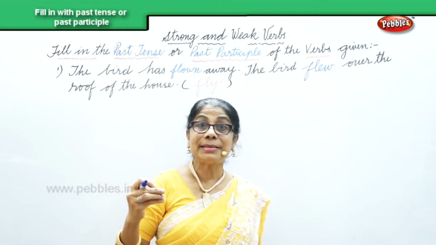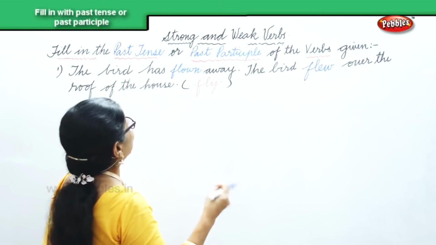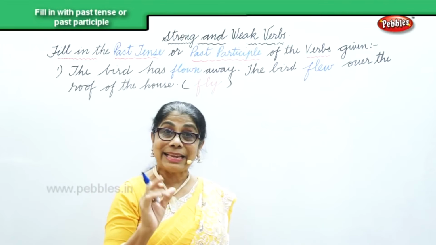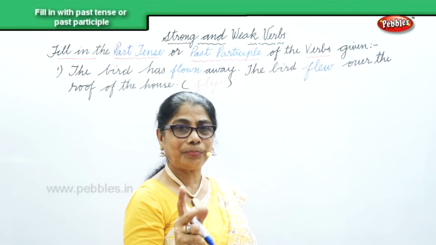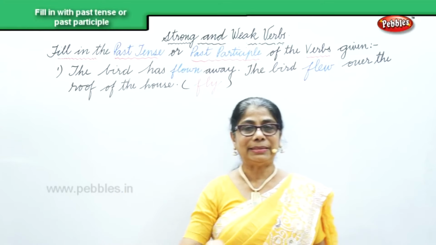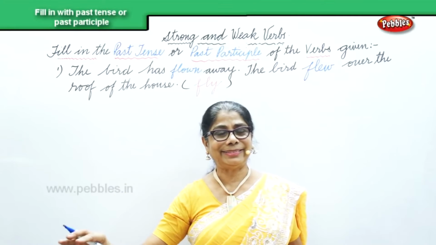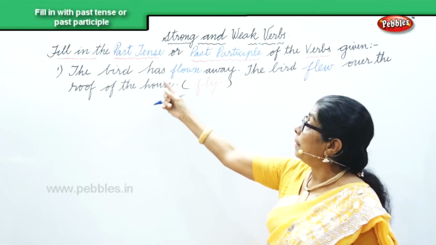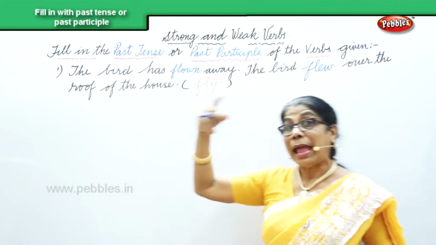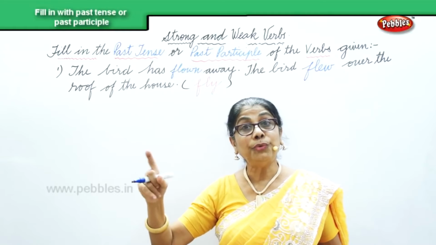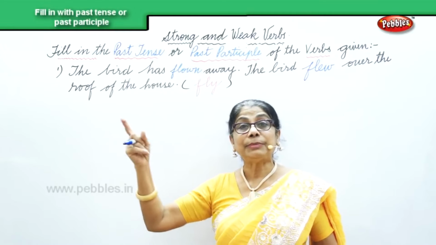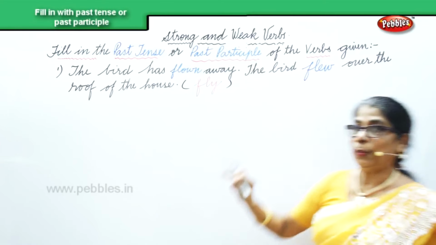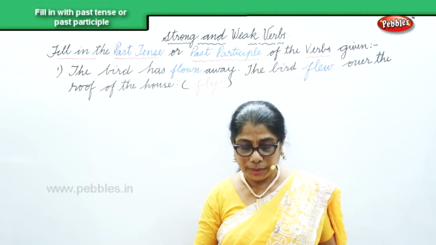That's a past participle. Flown. Finished. Clear? Now, we are given a sentence with two fill-ups. The verb given is present. Birds fly. And now we are changing. When you say the bird has flown away, fly, flew, flown. That is past participle. And in the past, you have the bird flew away. All you have to do, read aloud.